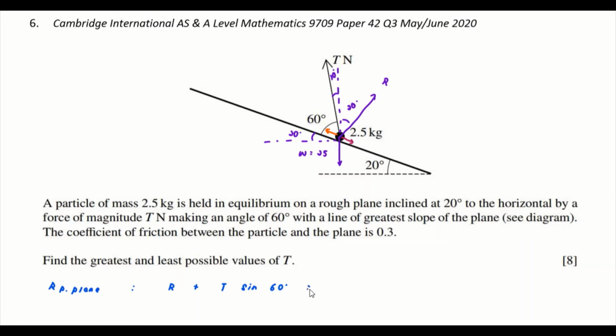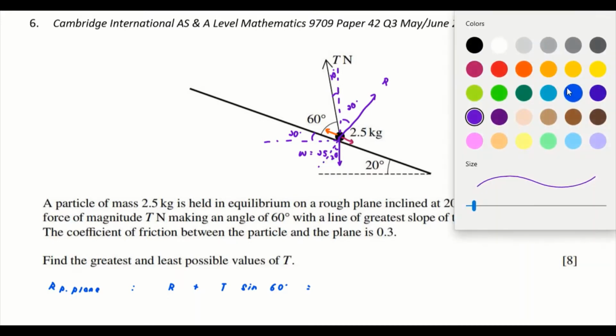It will be equal to the component of W, since this is the direction of W that we need to resolve. Where is the direction of this? We draw a line going down. This vertical dotted line and this R line make an angle of 20, and this will be 20 as well. So to resolve it in the vertical direction, it will be 25 cos 20.